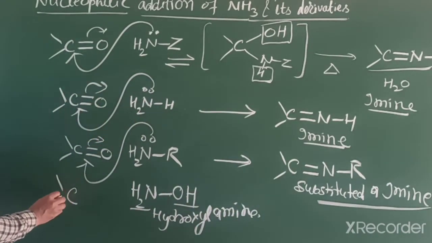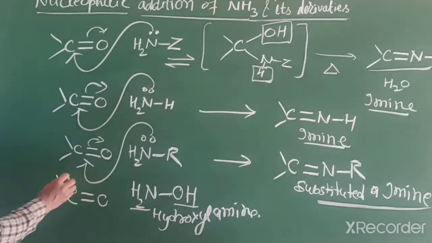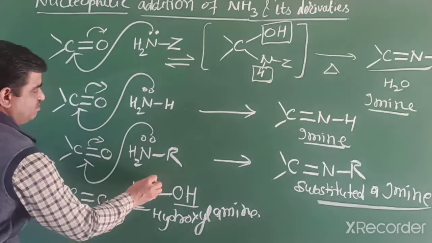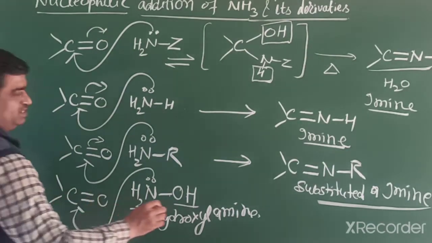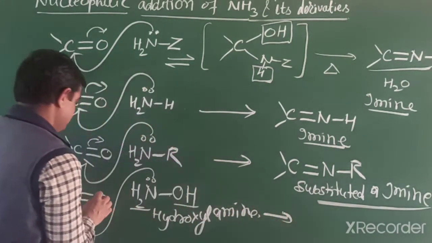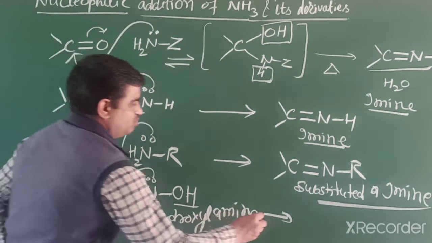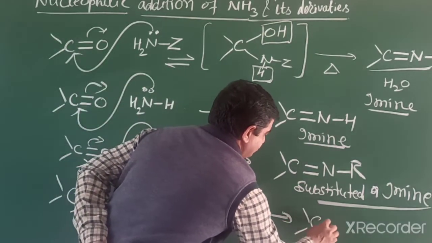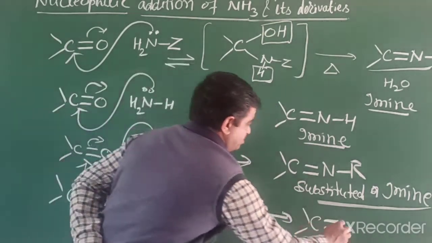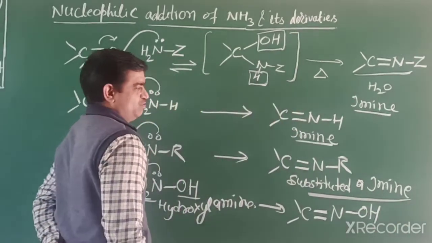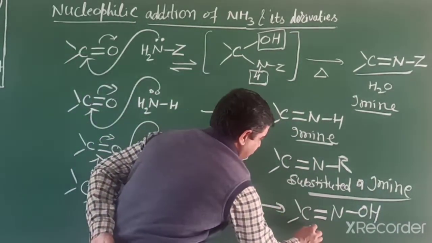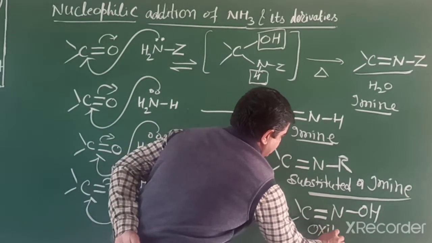When hydroxylamine reacts with a carbonyl compound, the product name is oxime. We can write that product like this. This product is named oxime, O-X-I-M-E.